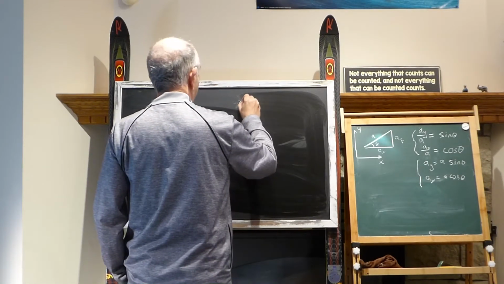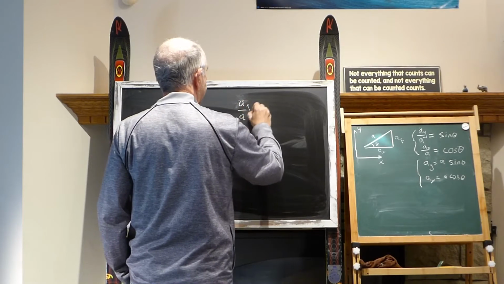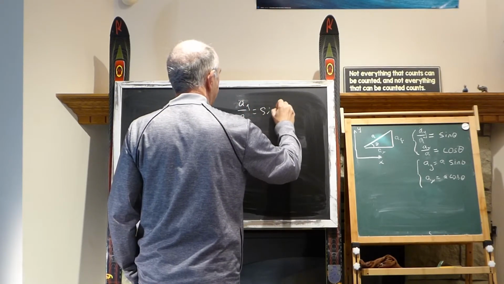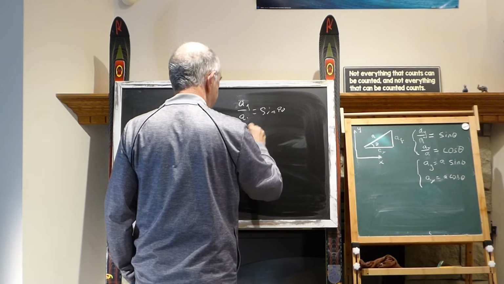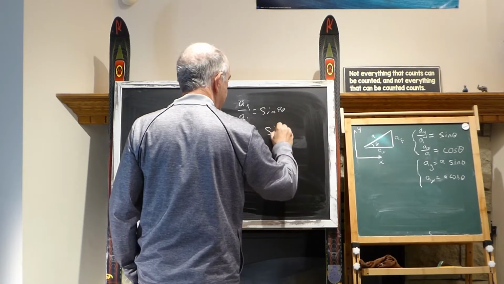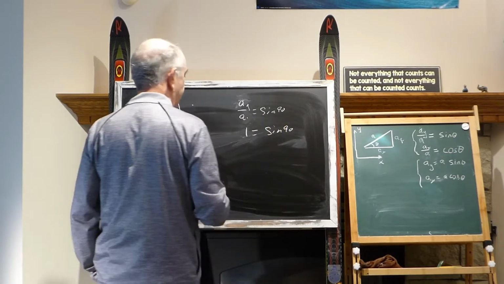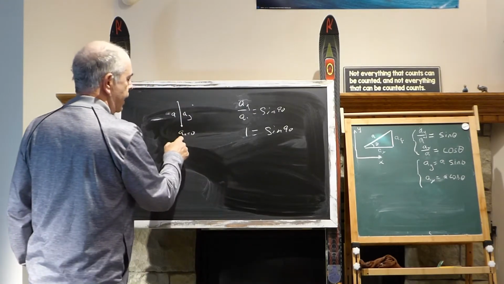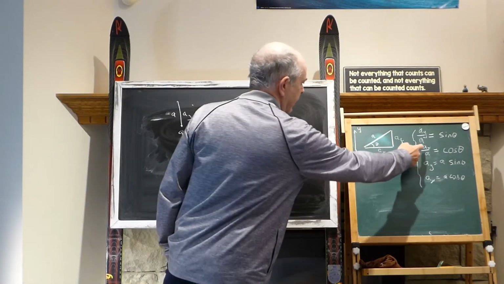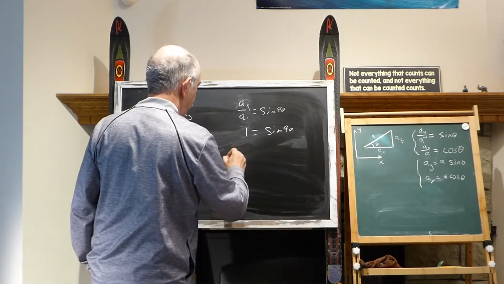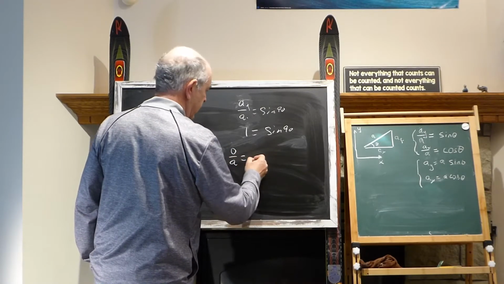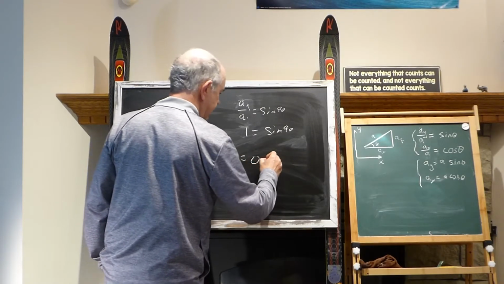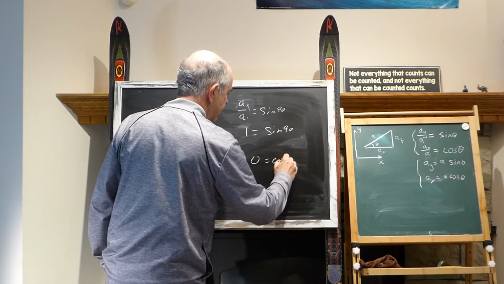And so ay over a, it's sine 90 degrees. And this is the same, so 1. Sine 90 is 1. And likewise, ax equals 0. So if I divide 0 over a, it still would be 0, and it still would be cosine 90 degrees.